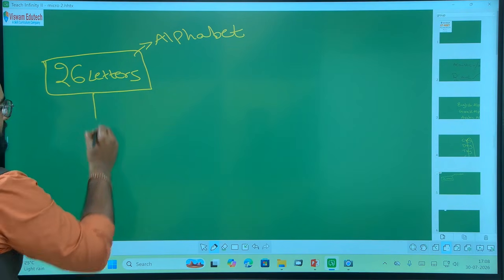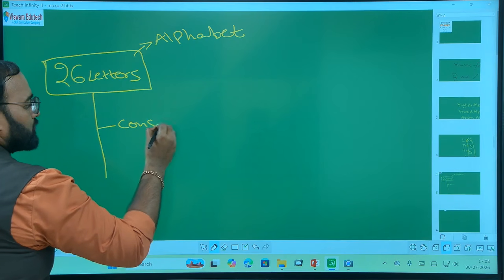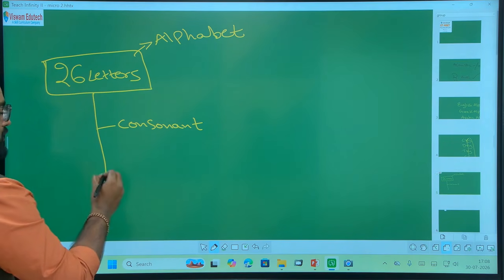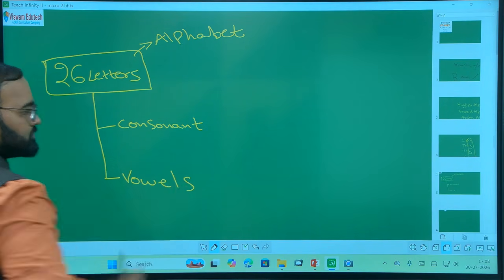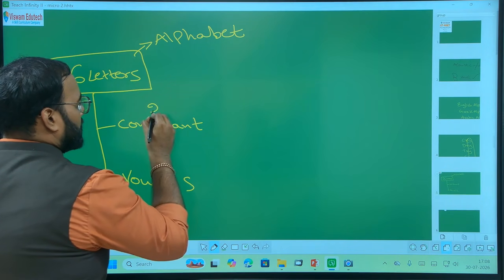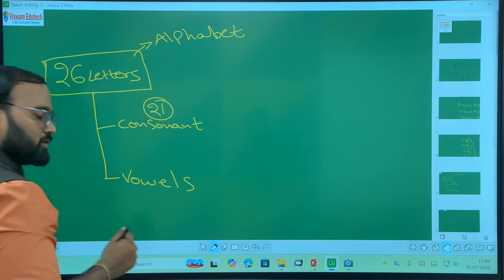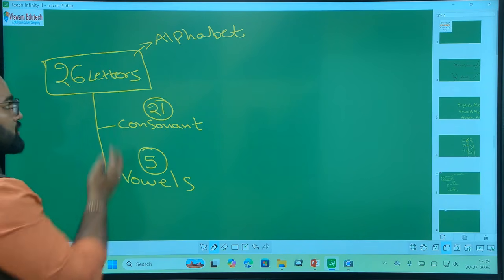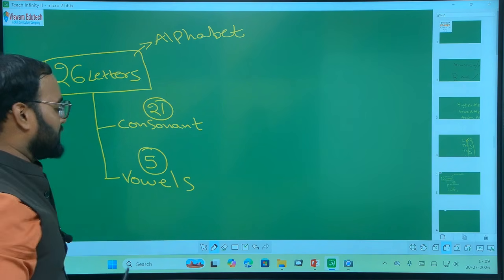We have 2 partitions: consonants and vowels. We have 21 consonants and 5 vowels. So among 26 letters, we have 5 vowels and 21 consonants.